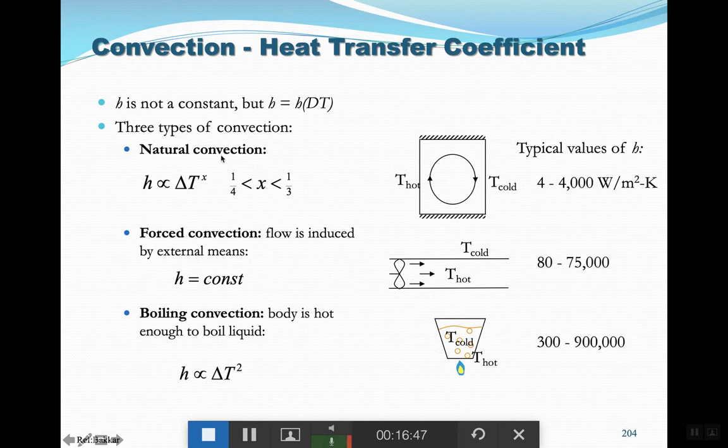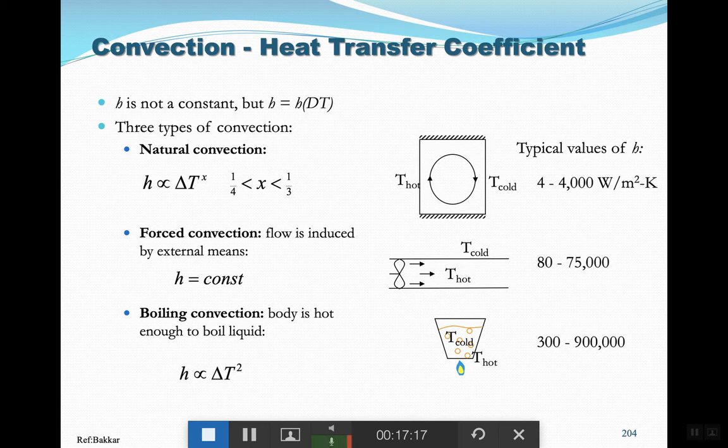So anyway, the natural convection, which we said is one of the subcategories as opposed to forced convection, your H is usually proportional to the temperature difference to the power of x, and x could be something between 1/4 and 1/3. What actually determines x depends on the material, on the condition, and the temperature ranges, and should be discussed case by case.